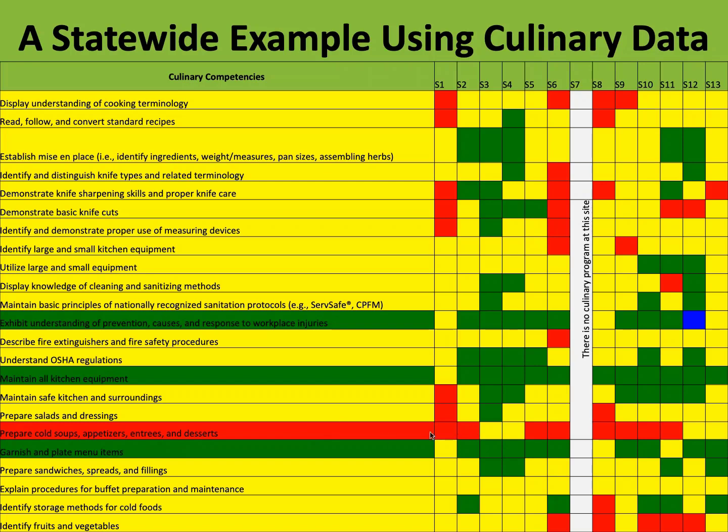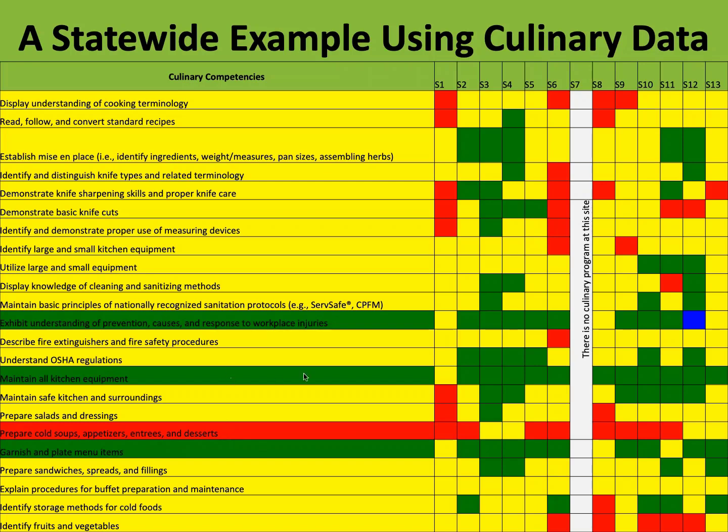It appears that in this state example, 1, 2, 3, 4, 5, 6, 7, 8 schools out of, from this graph, 12 aren't doing so well. They're doing less than 50%. So obviously, this is an area, if we're looking at some sort of technical professional development, we need to take a look at a little bit deeper.